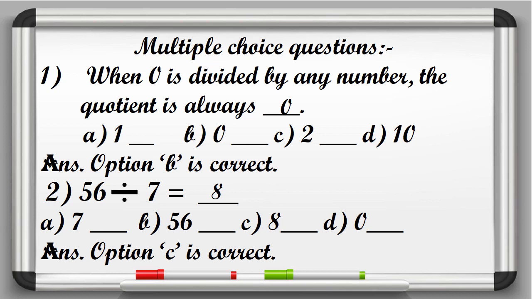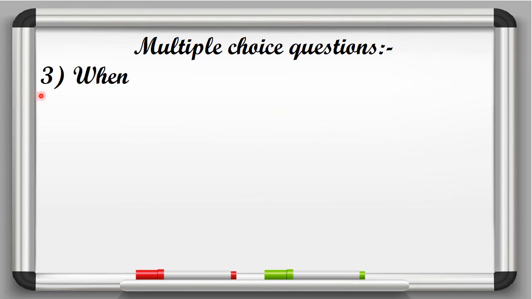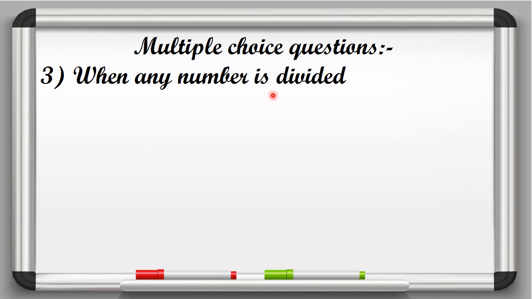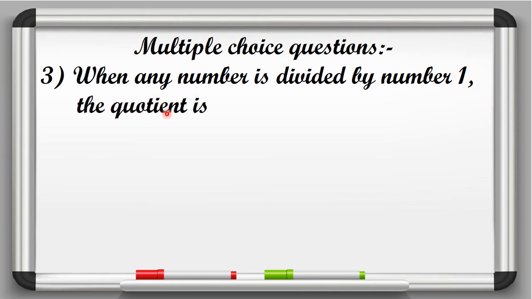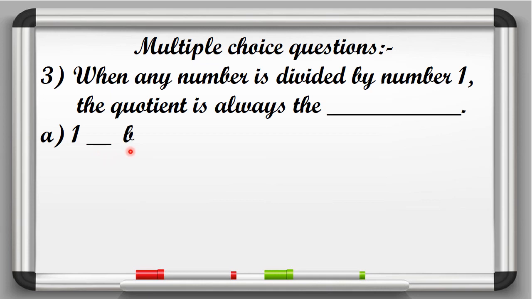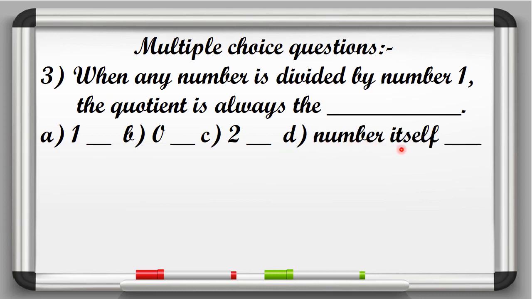Okay बेटा. Now in question number 3, it is given when any number is divided by number 1, जब किसी नंबर को हम 1 से डिवाइड करते हैं, the quotient is always the dash. तो हमेशा quotient क्या आता है? And our options are A 1, B 0, C 2 and D number itself.